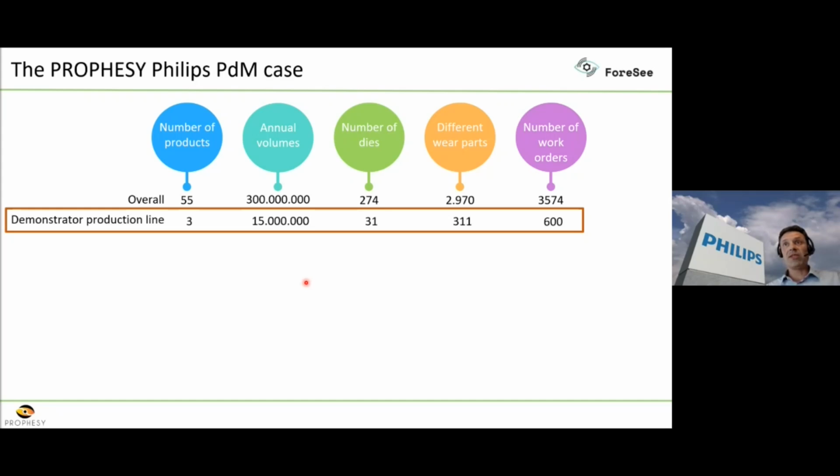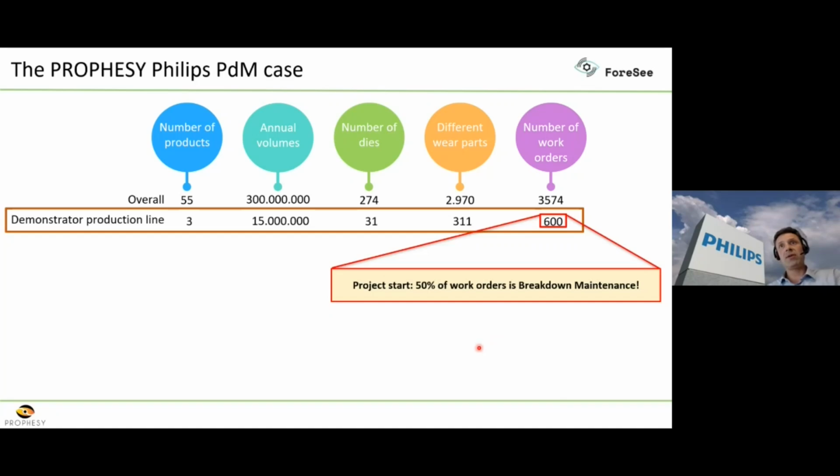And the topic is here that of these 600 work orders, why is my screen not advancing here? 50% of these work orders, so it's a comparable number as Daniel presented, is triggered by either a breakdown or a quality issue.